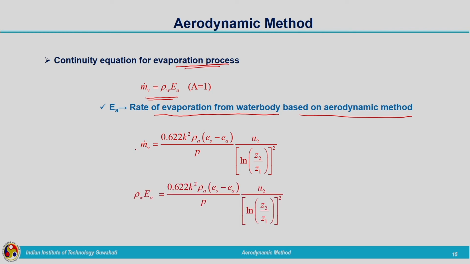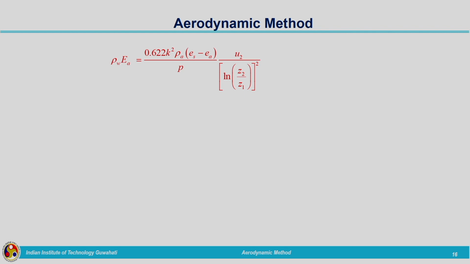For this vapor transport we will be substituting rho w EA, and from this we will calculate the expression for EA. So, rho w EA is given by this, EA is equal to 0.622 rho A divided by rho W, as rho W is coming to the denominator.